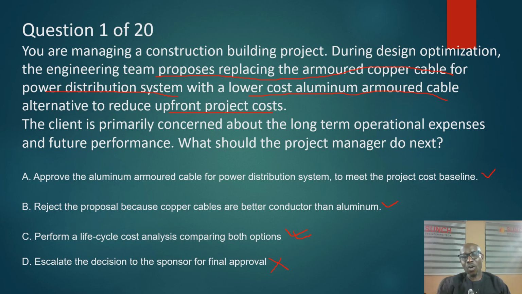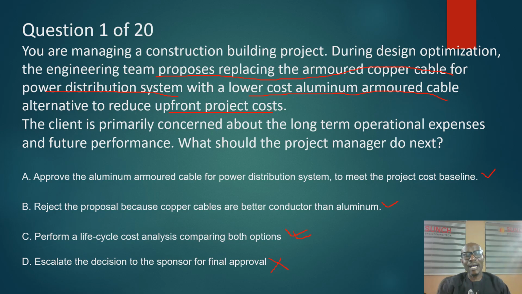Which is better? Cost, performance, which is better? It's after you must have done all this analysis that you now come to the conclusion that aluminum is better than copper or copper is better than aluminum.